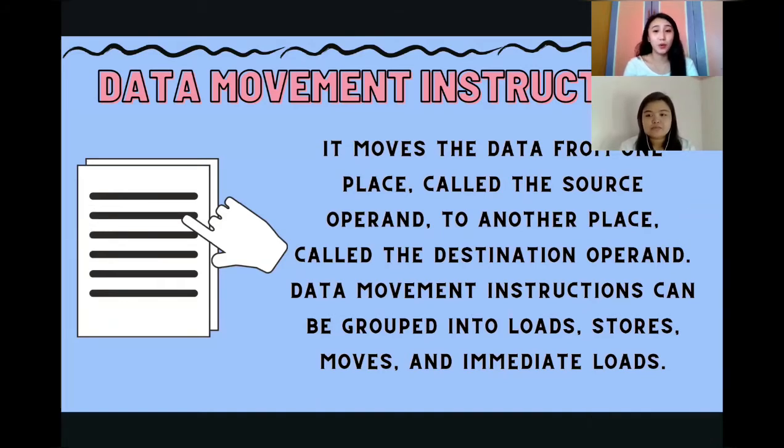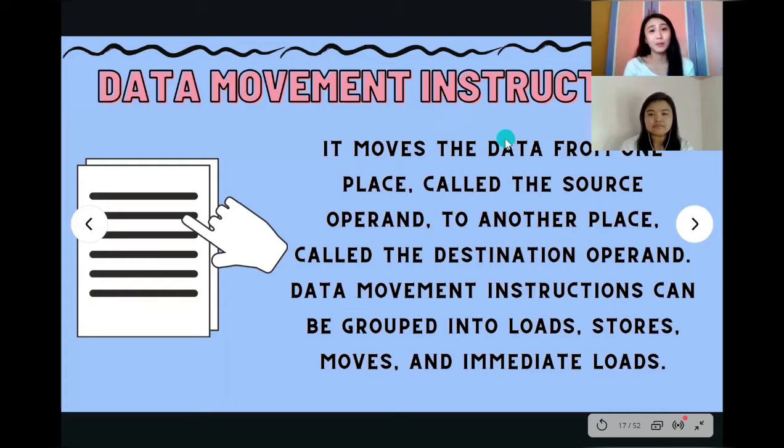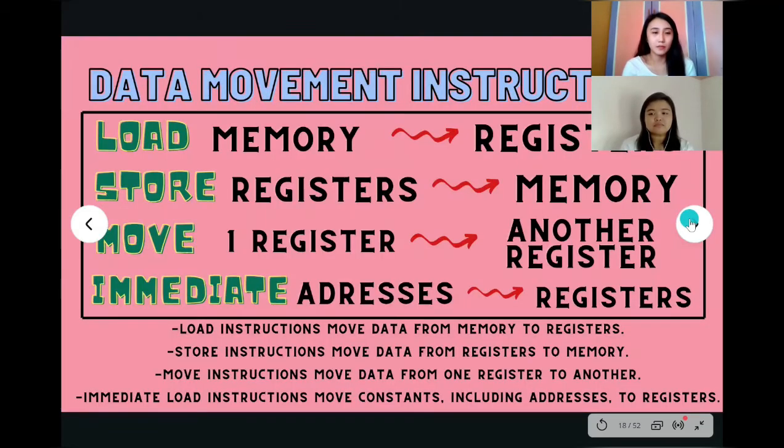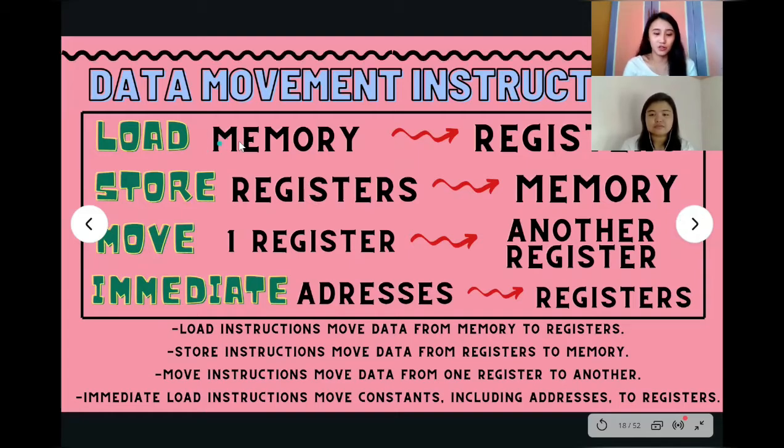It moves data from one place called the source operand to another place called the destination operand. Data movement instructions can be grouped into loads, stores, moves, and immediate loads. So yung pagkukunan mo ng data, ang tawag doon is source operand. Tapos yung pagdadalhan mo naman ng data, ang tawag doon is destination operand. So, data movement instructions.